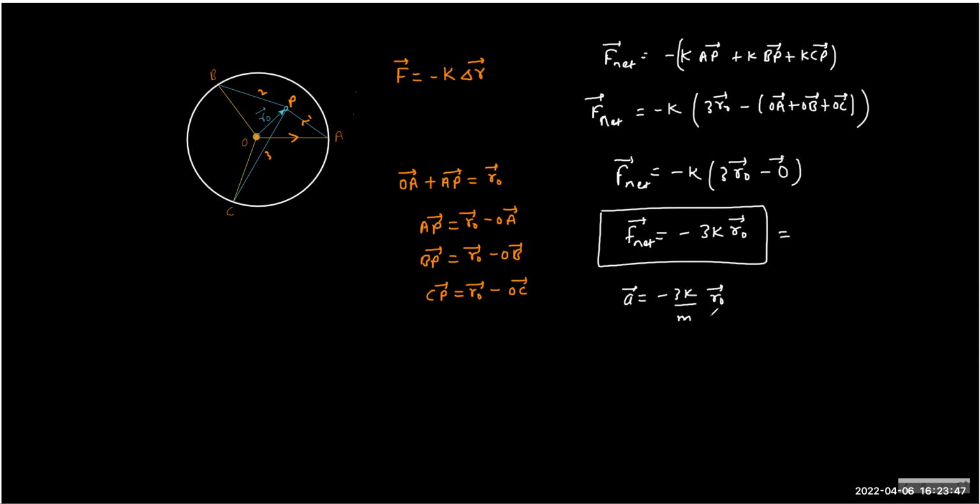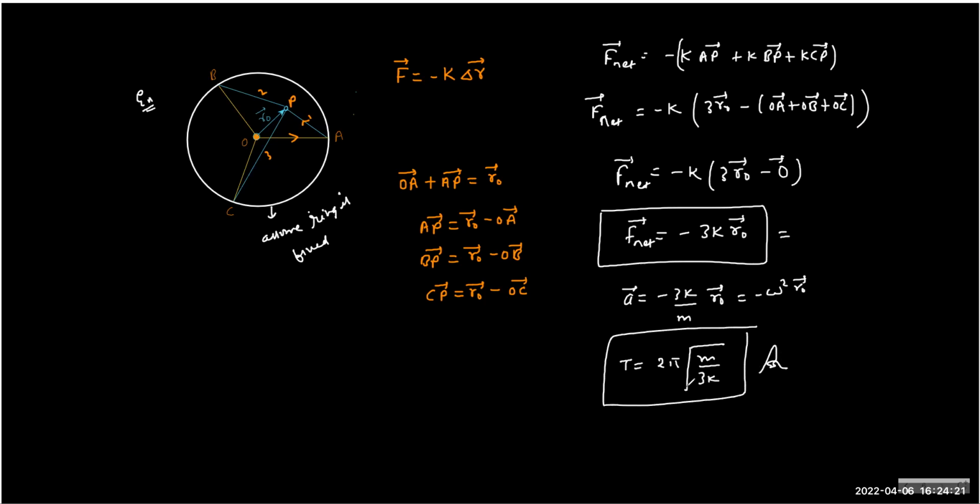Now, when the ring also has mass, then it becomes a two mass problem. So assume the ring is fixed. I'll do this problem separately when the ring is also able to move. So in this case it will be minus omega square r naught. You can write like this, and then you can say the time period is 2 pi root of m by 3k. This is the answer.